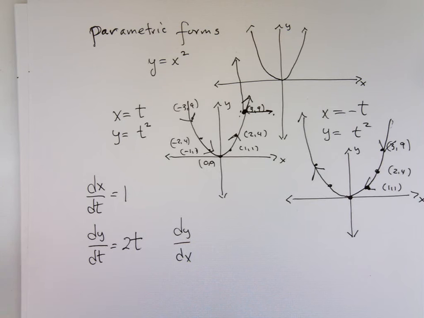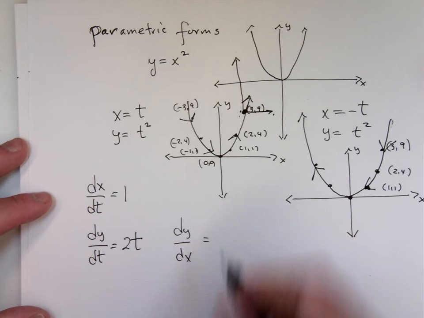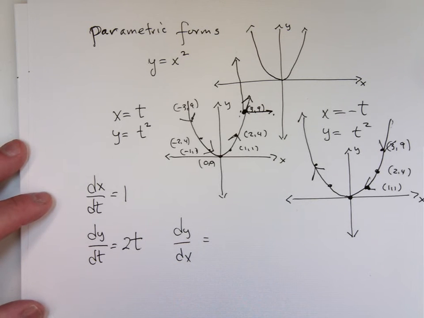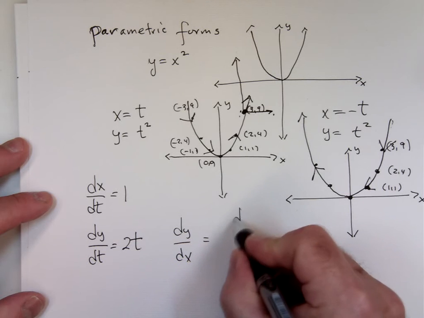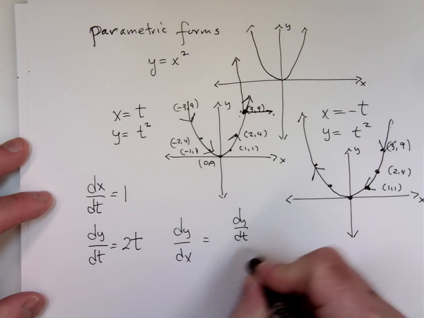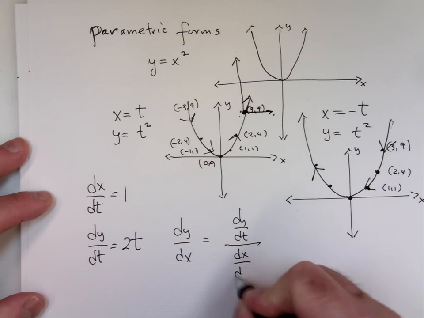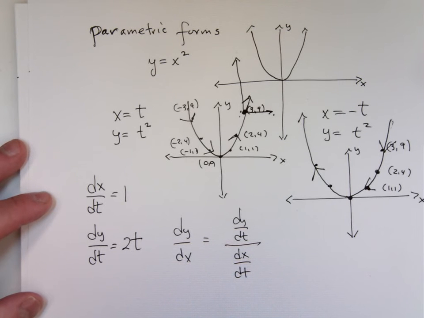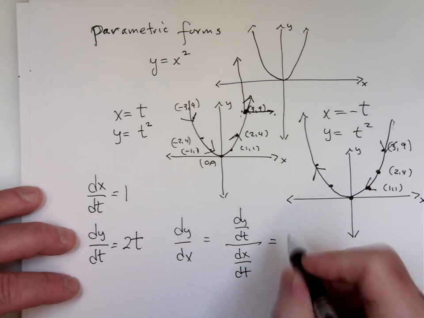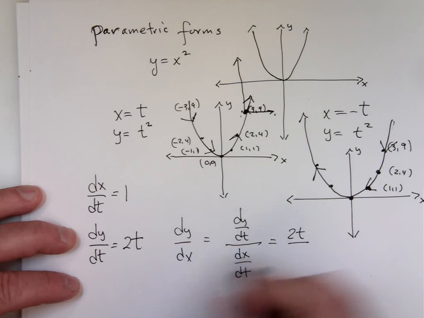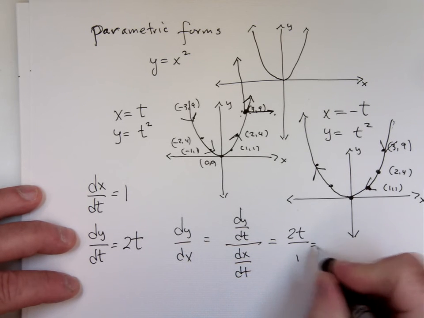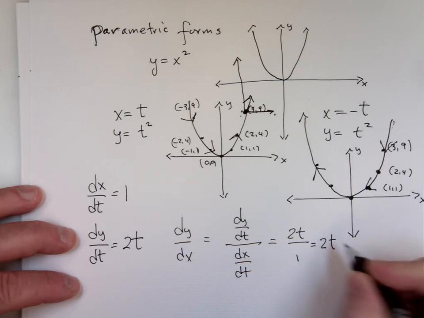No? Wow. All right. Well, one way to do this would be to find dy/dt, find dx/dt, and this is a variation of the chain rule. dy/dt is 2t. dx/dt is 1. dy/dx would be 2t.